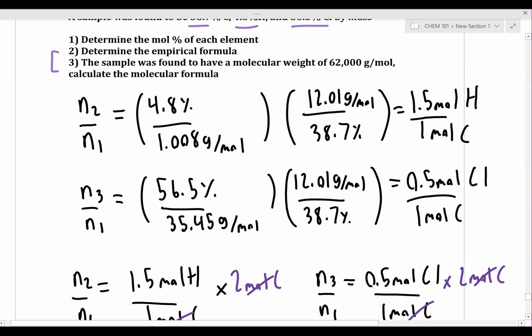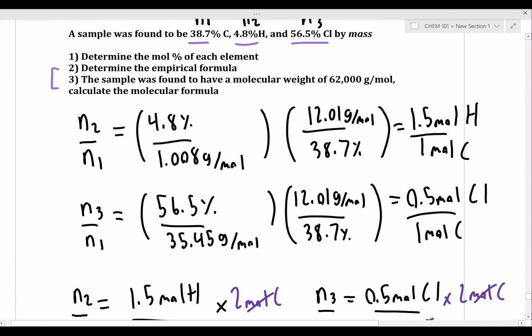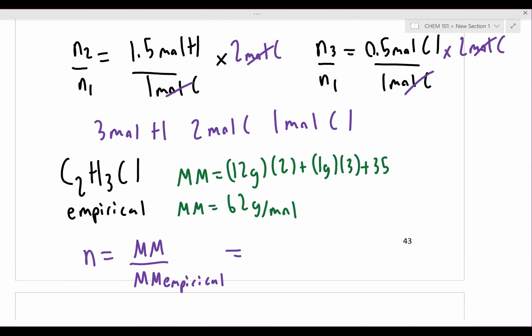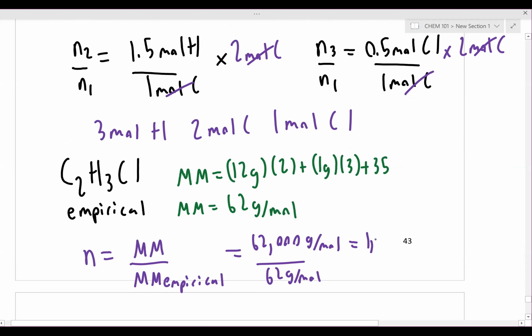Let's go all the way up and check. What is the molecular weight of this molecule? 62,000. Polymers have large molecular weights, molar masses. So we have 62,000 grams per mole over 62 grams per mole. And that gives us an N value of 1,000.